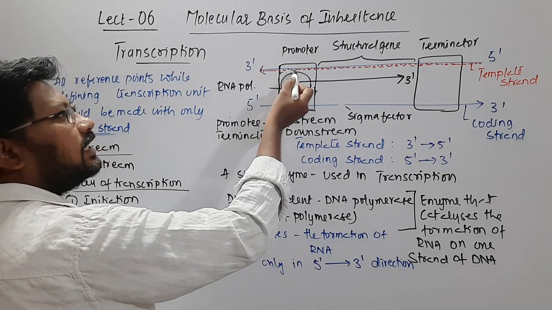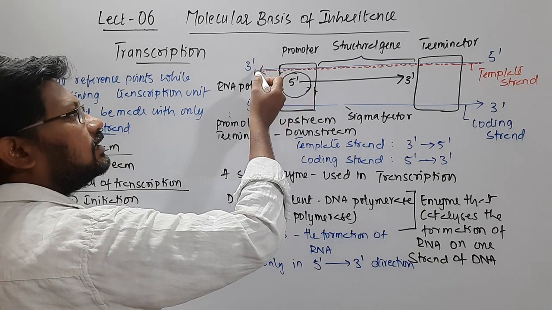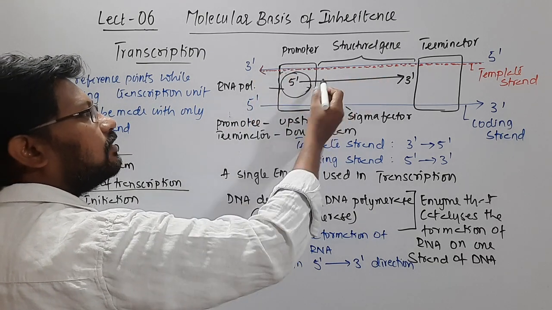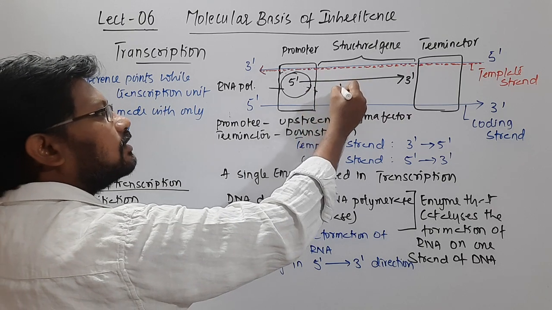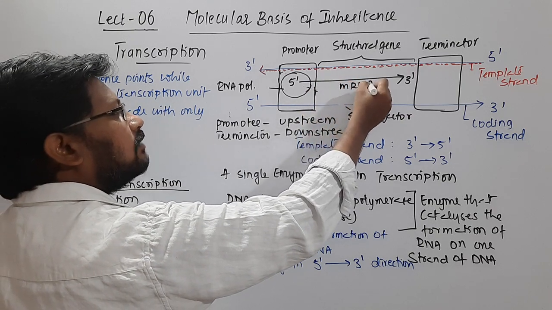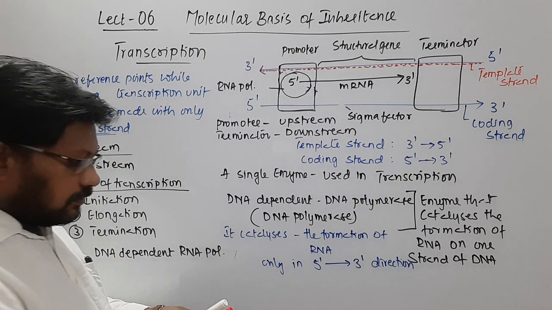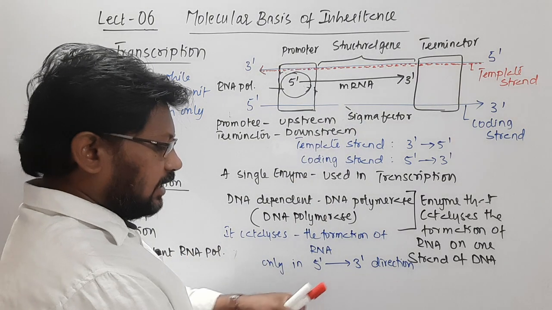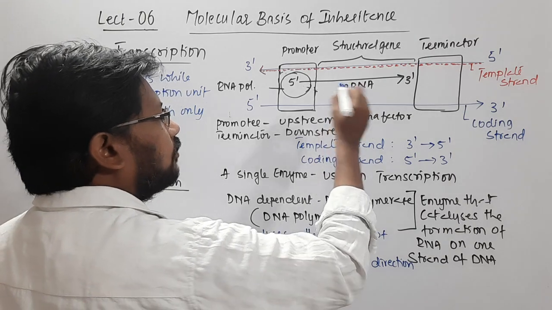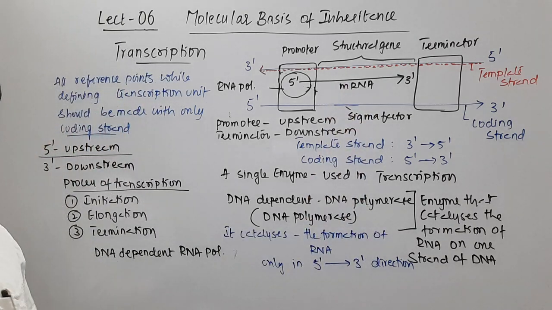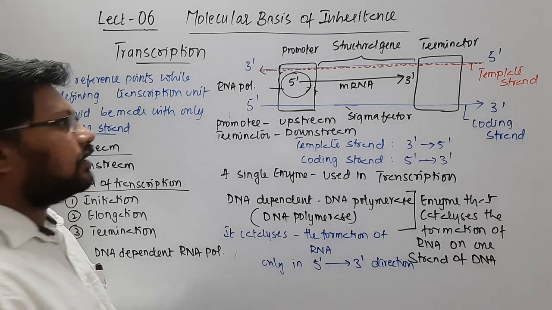Because this is the template strand, on the template strand the synthesis of the RNA molecule takes place. Here I'm mentioning mRNA, but not only mRNA, the formation of any other type of RNA is also called transcription.